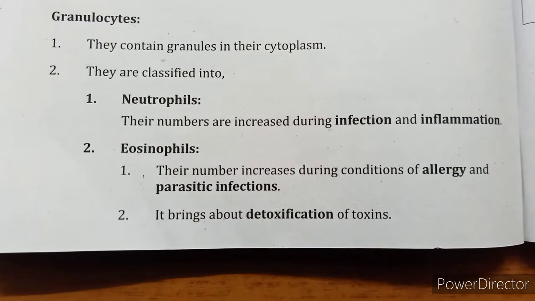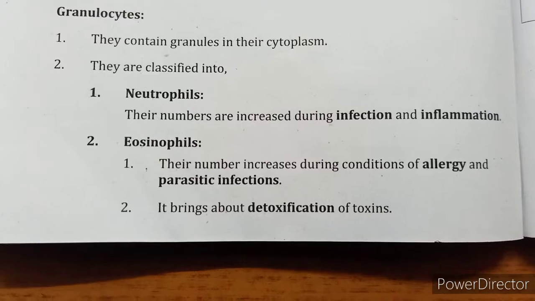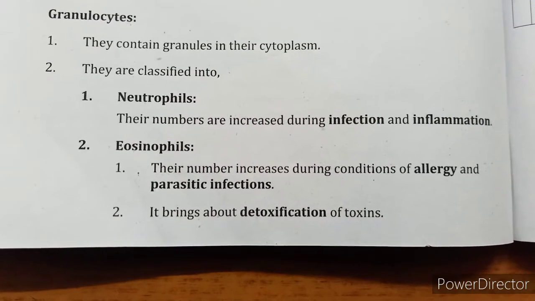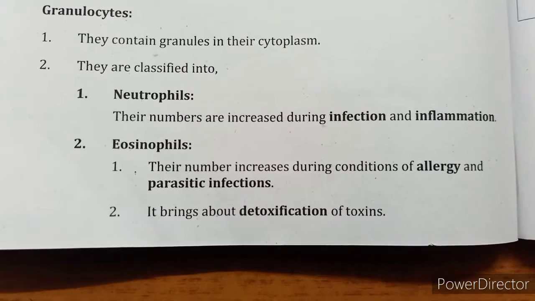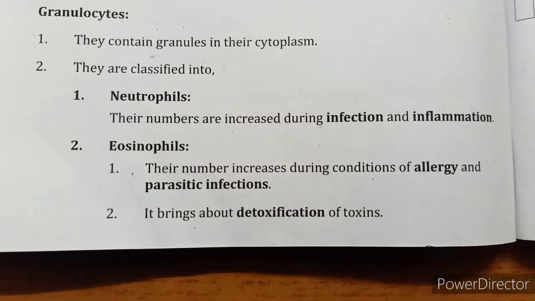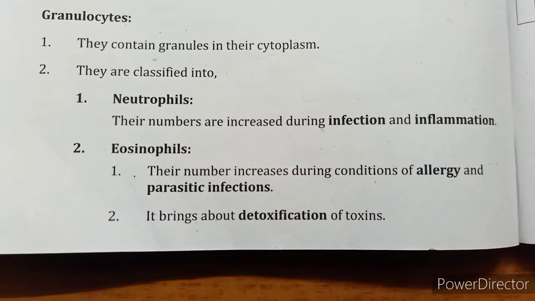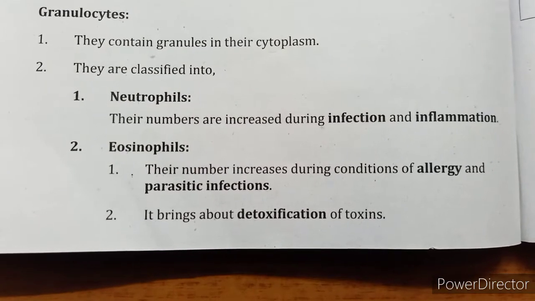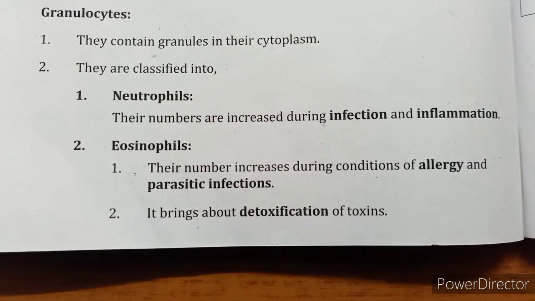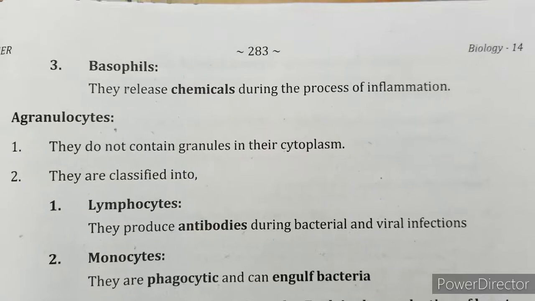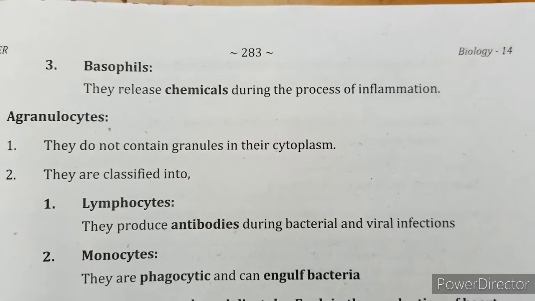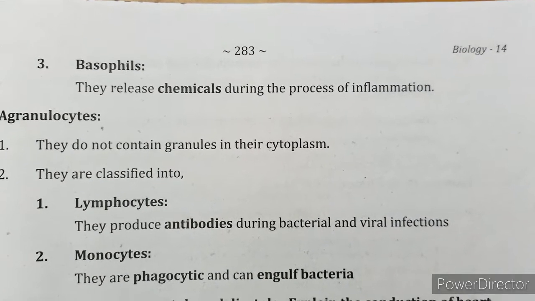Eosinophils: their number increases during conditions of allergy and parasitic infection. They bring about detoxification of toxins. Basophils: they release chemicals during the process of inflammation.